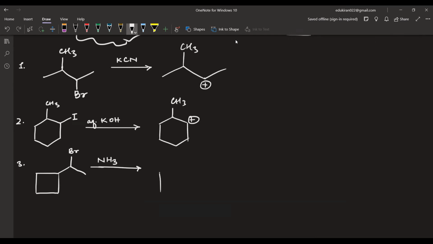Positive charge here. Now in all of these carbocations, the carbon atom with positive charge, I'm just marking that out in green. So this is the carbon atom here, this is the carbon atom here, this is the carbon atom here. So just look adjacent to this carbon atom, okay? Just the next carbon to this. Is there any 3-degree carbon next to the carbocation?